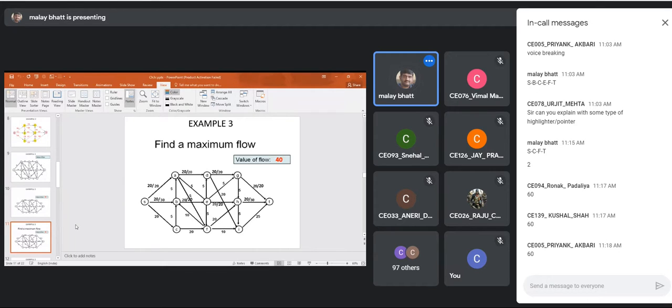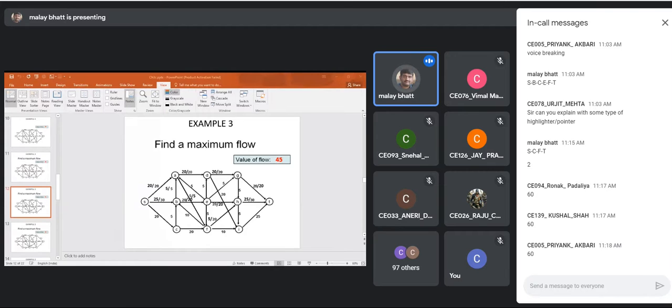Now, next path we'll select is S to B, then B to A to F, F to H, and H to T, which is a very complex path. So I'm writing in the chat window.